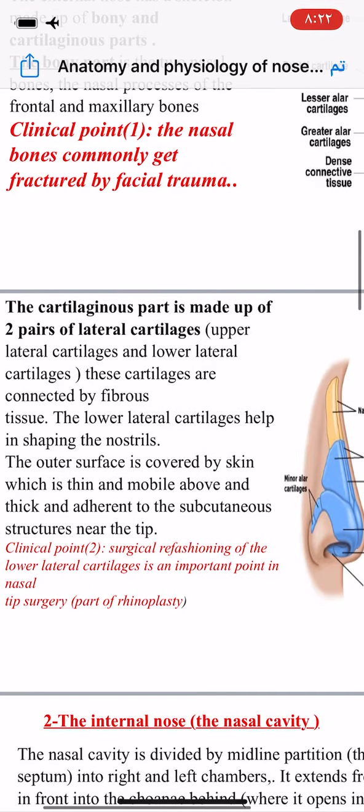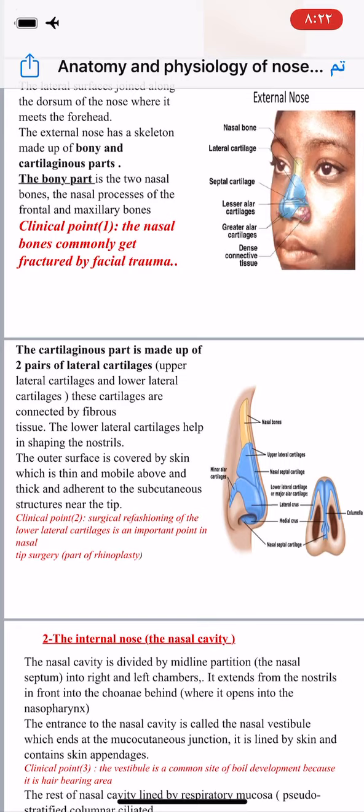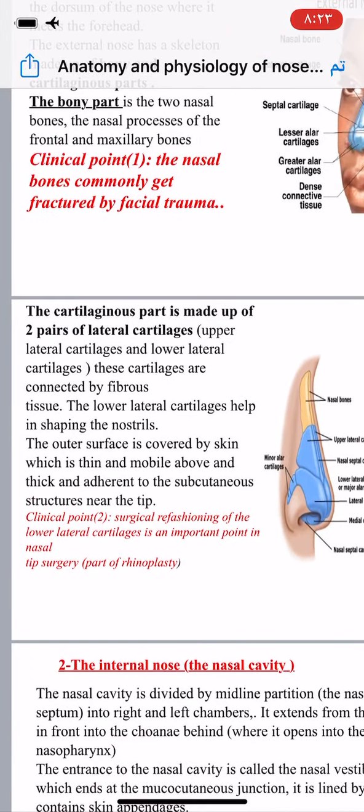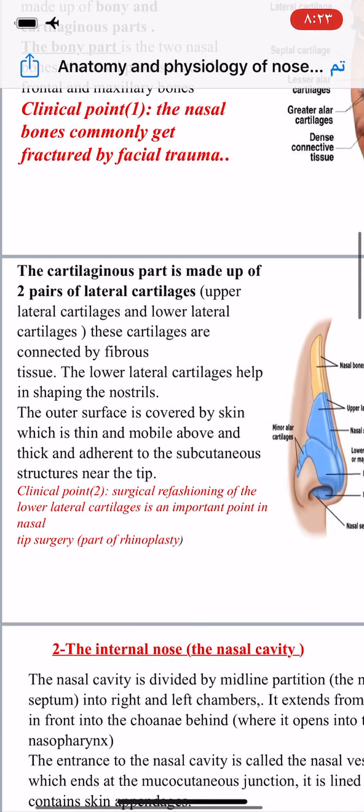The cartilaginous part of the nose is made up of the lateral cartilage, upper and lower cartilage, and these cartilages are connected by fibrous tissue. The lower lateral cartilage helps in shaping of the nostril.